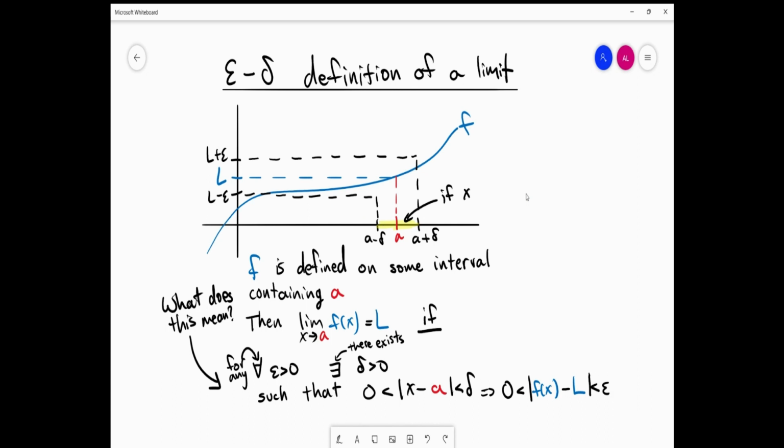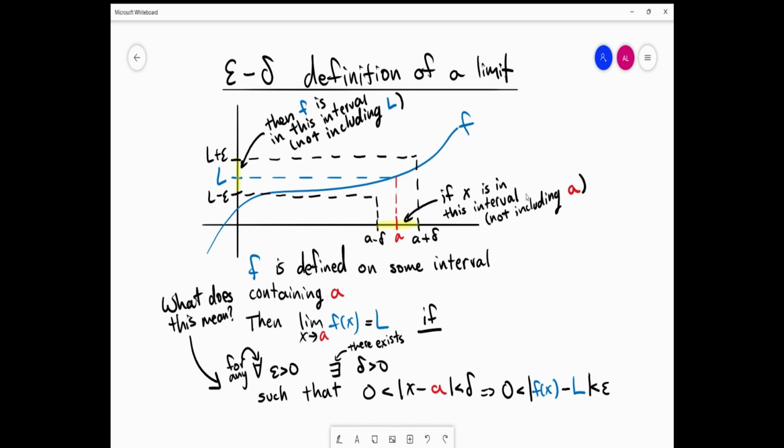And so what this definition is saying is that if x is in this interval, and once again, not including a, right, then f is in this interval, not including L. So if this, then this. And again, for any epsilon, as long as there exists a delta, this limit will exist.